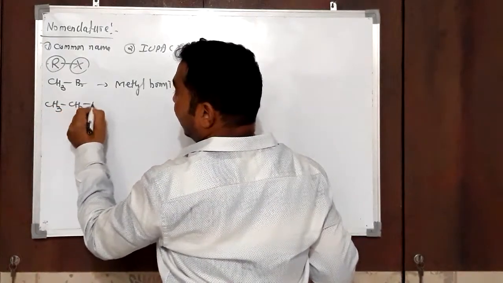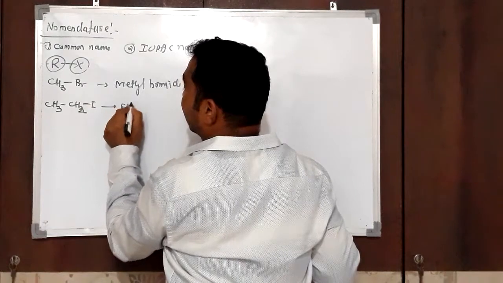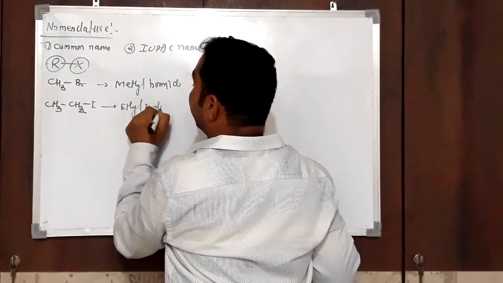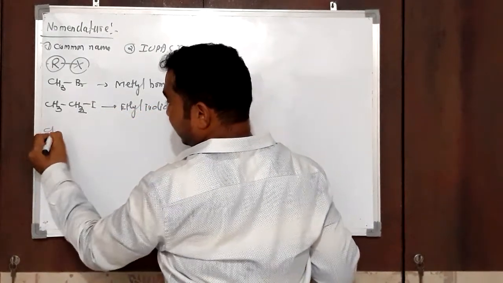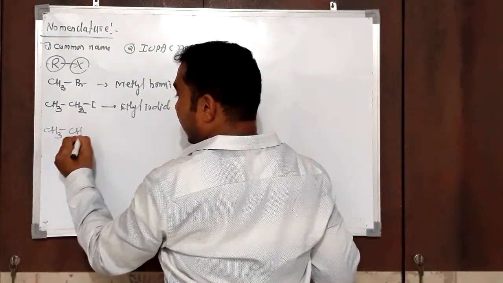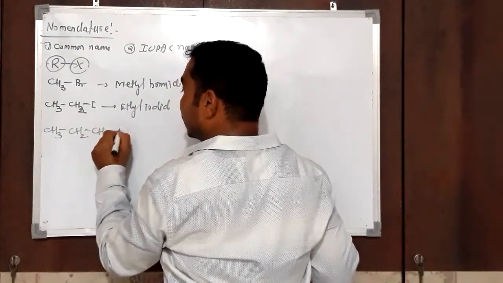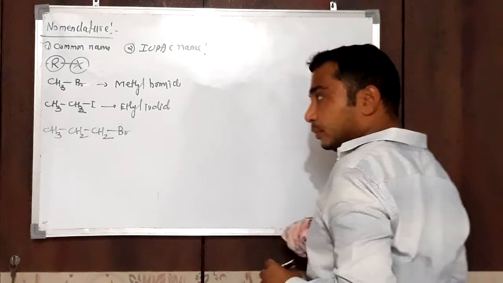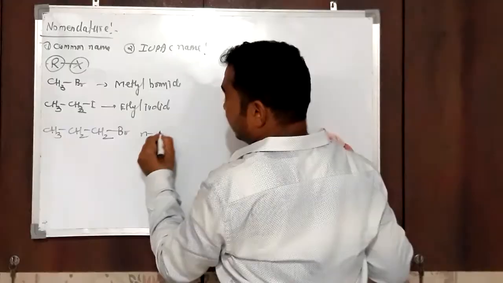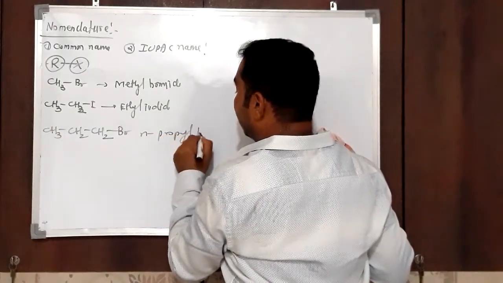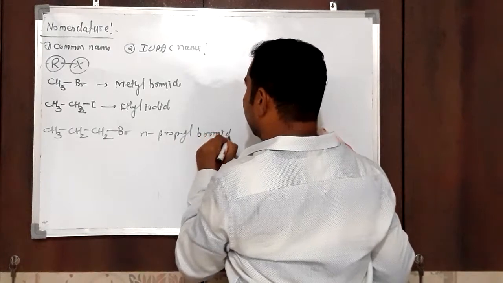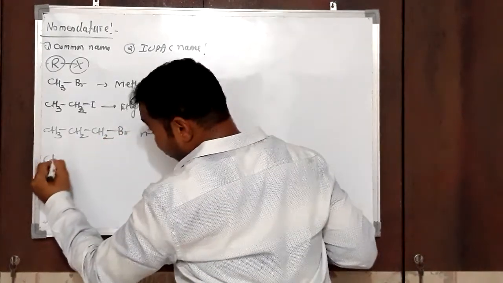Ethyl iodide. Then we know what this is? N-propyl bromide. Then isopropyl bromide.